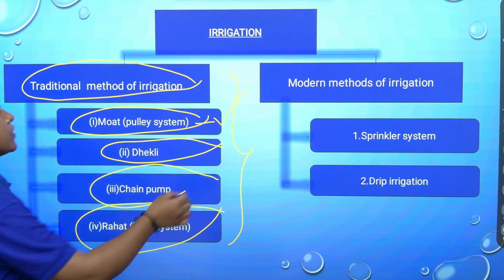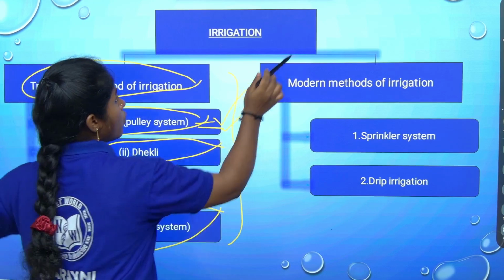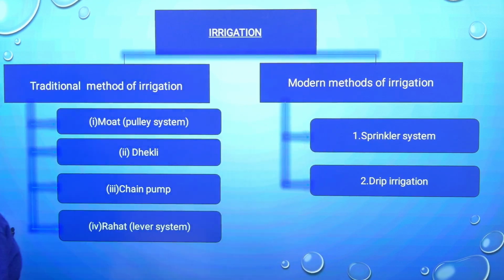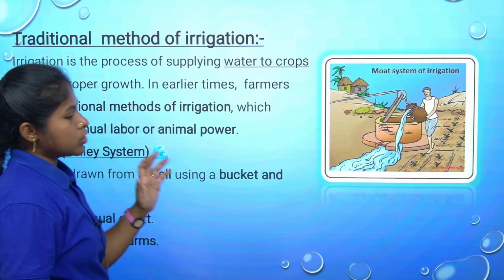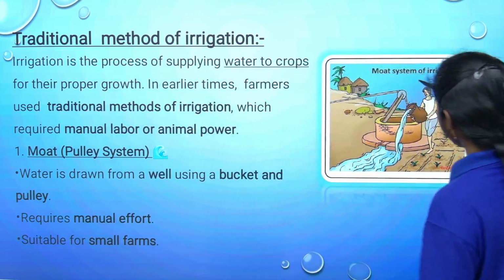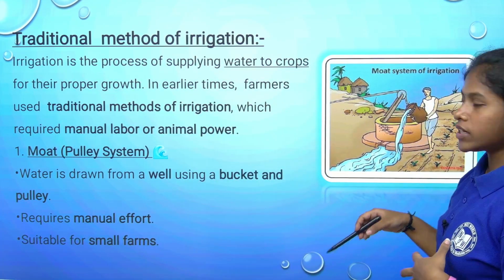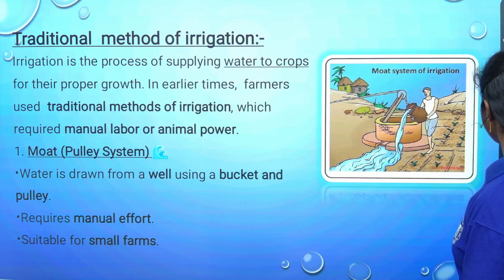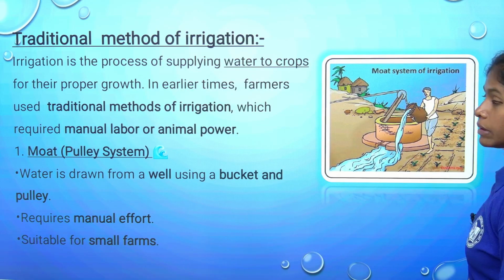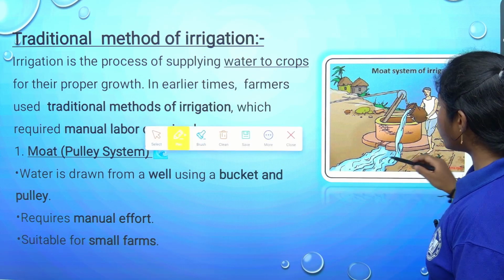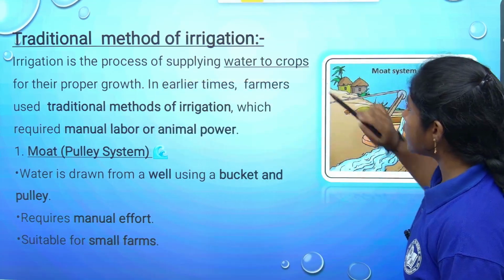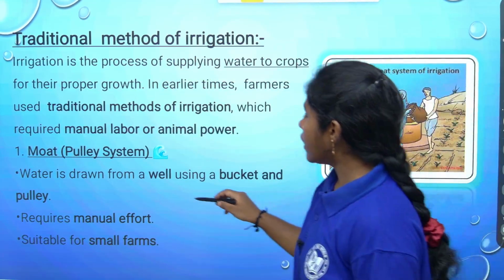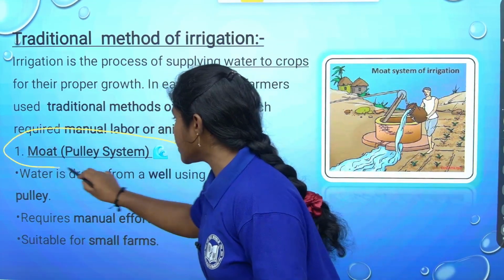Right children? Let's see the first method, moat. What is the moat method? See here, the man is pulling the water from the well, right children? In the traditional methods, most wastage of water is seen, and more energy is required, right children? The moat method is also called the pulley system.